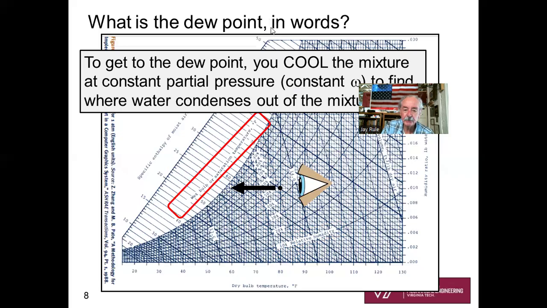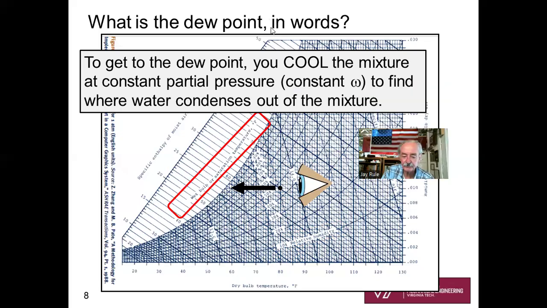Next, we're going to work on the dew point. First, what is the dew point in words? Here's our point. To get to the dew point, and this is right out of your textbook, there's a very good example problem in the book, as well as in my own Atmos Air O2, where I give a worked-out numerical example.